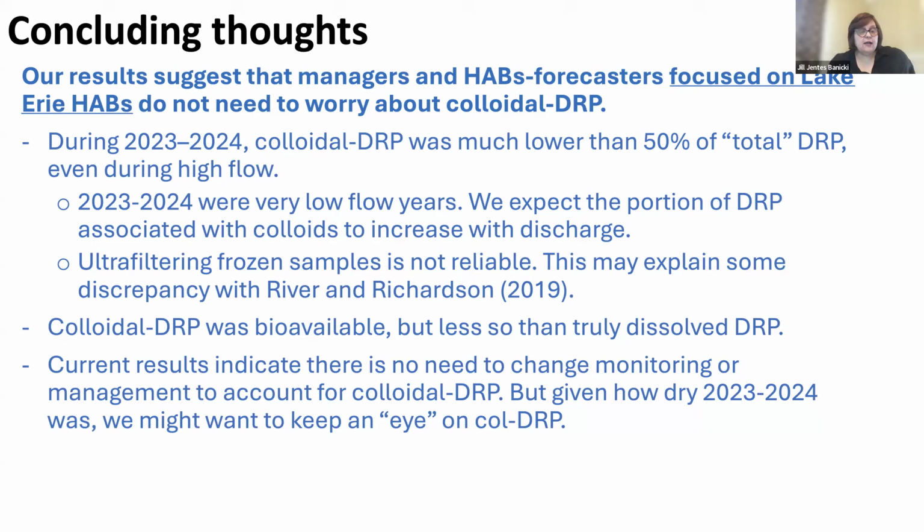And then another question is why the particulate phosphorus was more bioavailable than the colloidal phosphorus. I guess my answer to that would be I'm not sure it necessarily is.